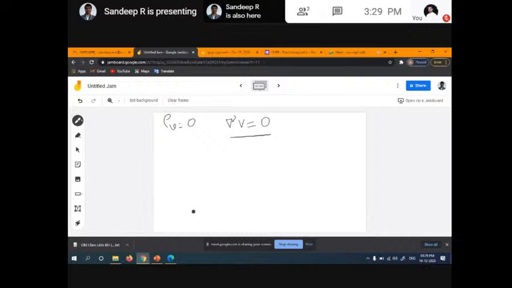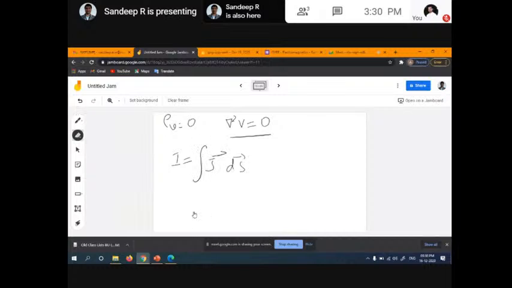Other useful applications of the Laplace equation are that we can determine the capacitance of a particular object or the resistance of a particular object. Suppose I want to determine the resistance, and I have determined the potential difference V naught. My job is first to determine I, which is the surface integral of J dot ds.